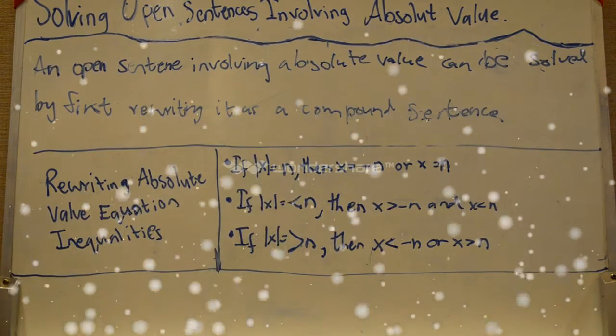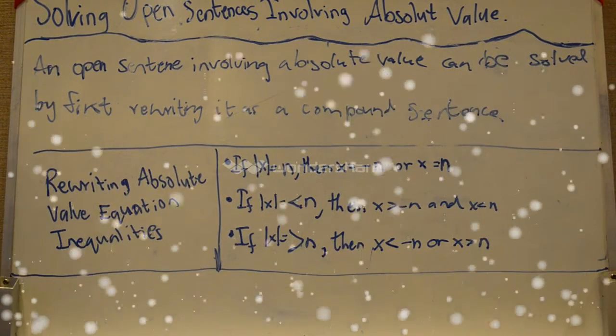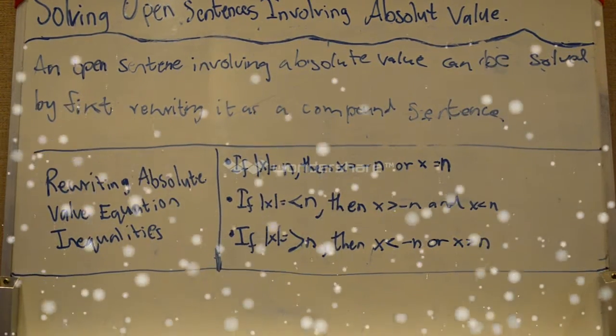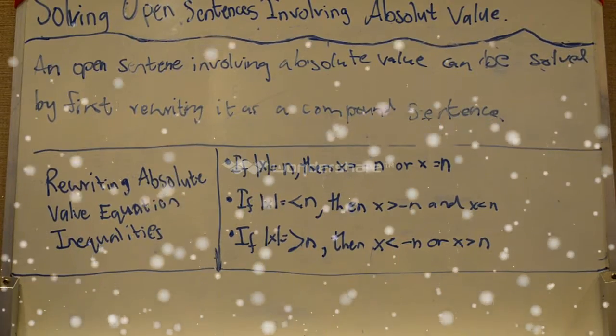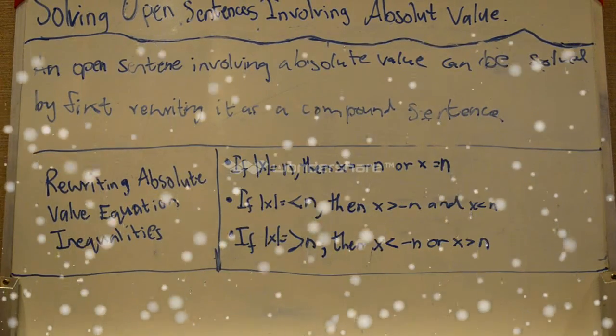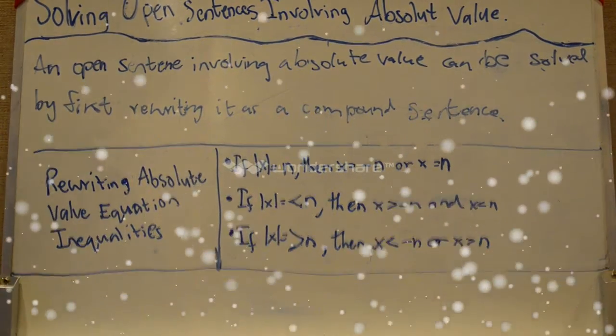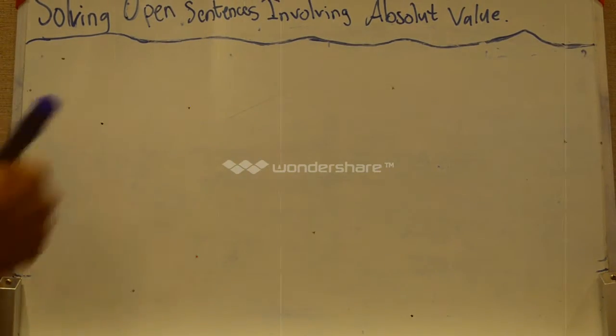If the absolute value of x is greater than n, then x is less than negative n or x is greater than n. So now let's solve some examples.